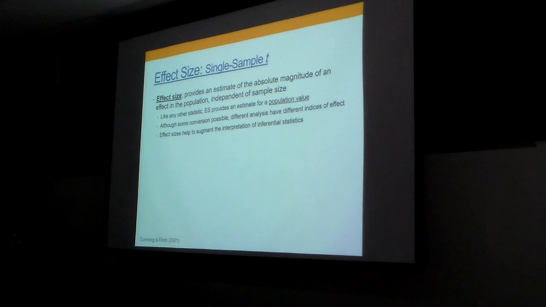Well, again, remember that this population effect is unknown, right? And the sampling distribution of effect sizes is not normal. It's kind of skewed like that, right?